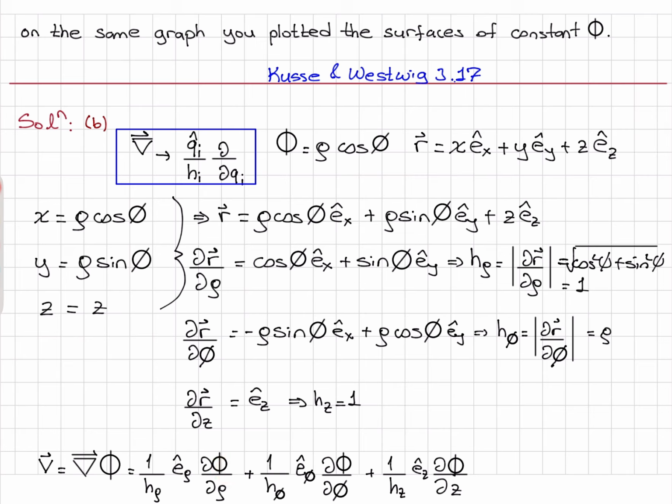What was phi? Phi was rho cosine phi. Therefore, I'm going to get a derivative with respect to rho, giving me cosine phi. So I'm now ready to write the vector v: 1 over h rho, del phi del rho.